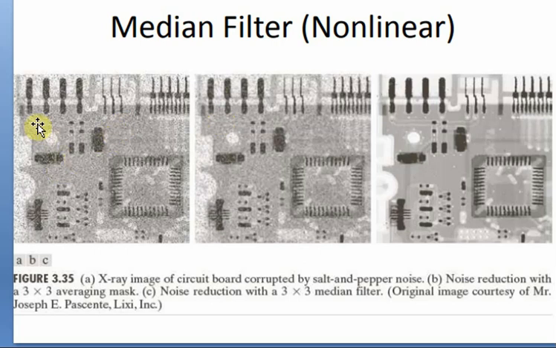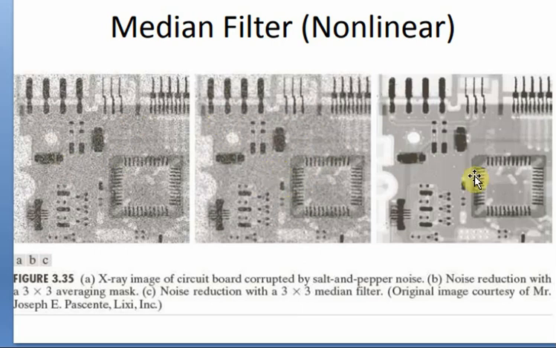If I want to remove this salt and pepper noise and I apply a 3x3 averaging mask, see here, I cannot remove the whole noise. So we are not actually satisfied with this. Am I correct?